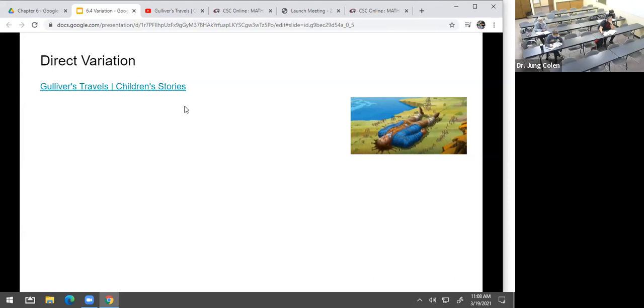Using this information, can we figure out his measurement of wrist, neck, and waist if we know his thumb size? Because he's humongous for the Lilliputians, it's not easy for them to measure his neck, his wrist, and his waist.